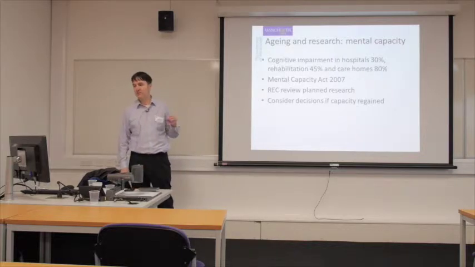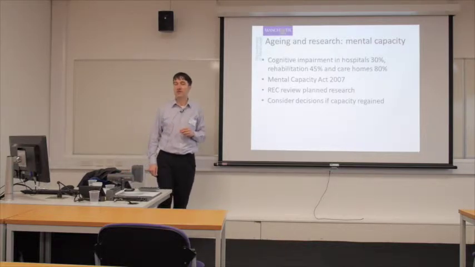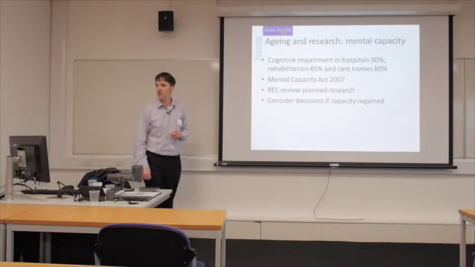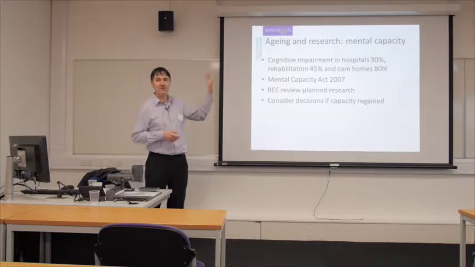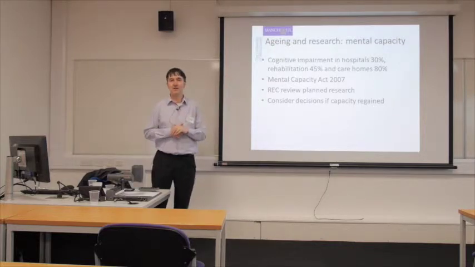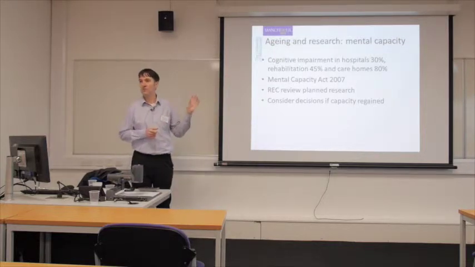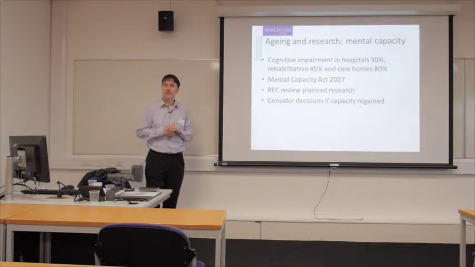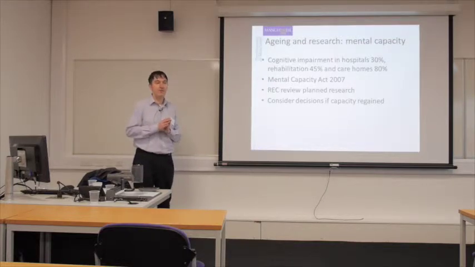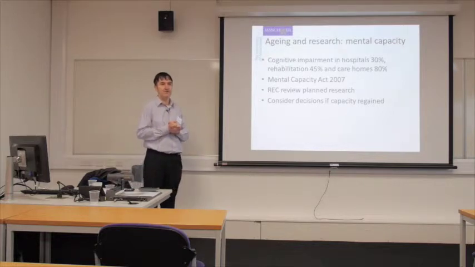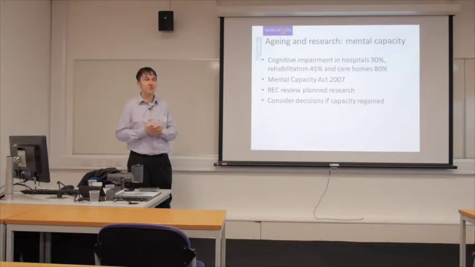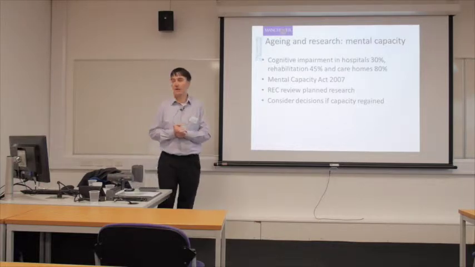And there are certain types of research that's the case. So, if you look at the hospital population, 30% of the adults in any hospital will have cognitive impairment or dementia. The nature of hospitals is now that 50% of the occupancy is over 65, and 30% of the occupancy will probably have some form of dementia and cognitive impairment.